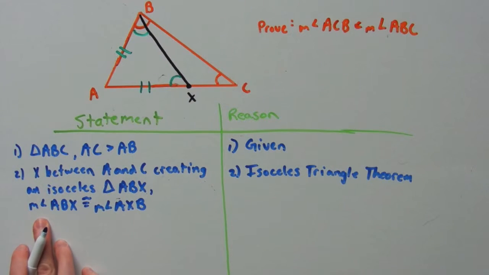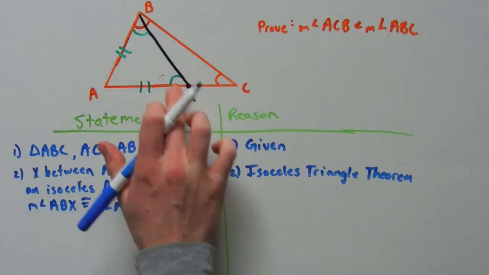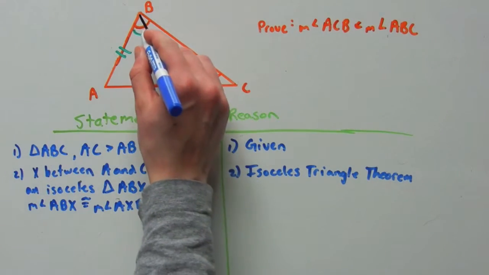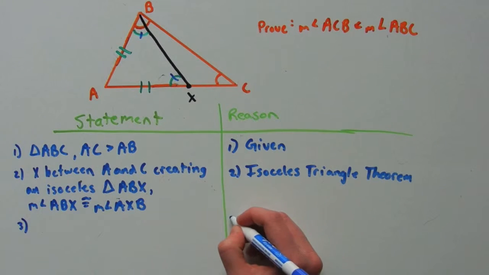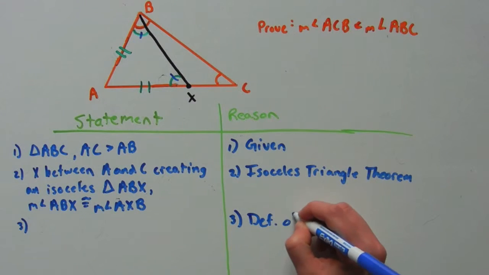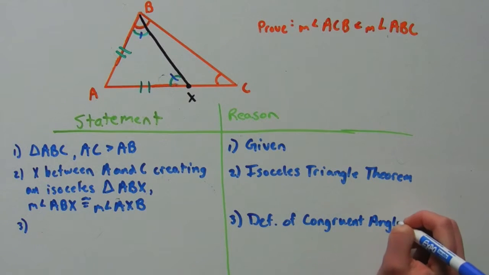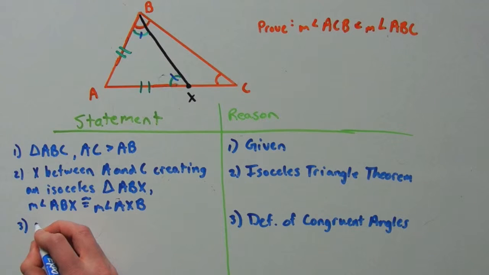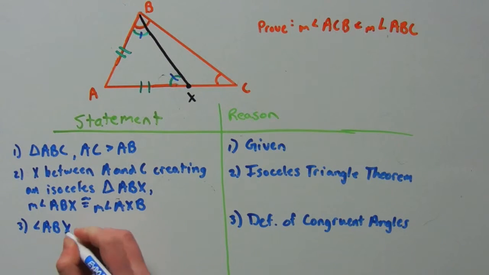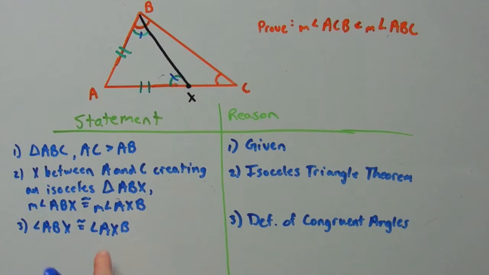And because of that, since it's isosceles, angle ABX is congruent to angle AXB. And by the definition of congruent angles, we have that the measure of angle ABX equals the measure of angle AXB.